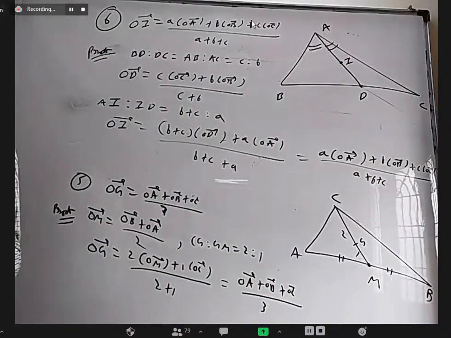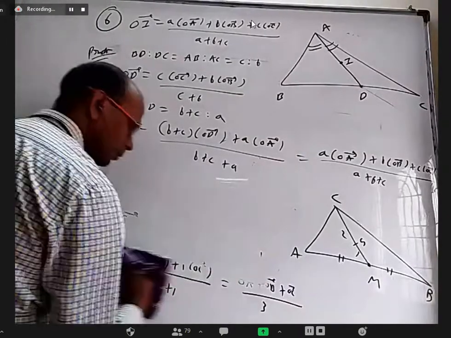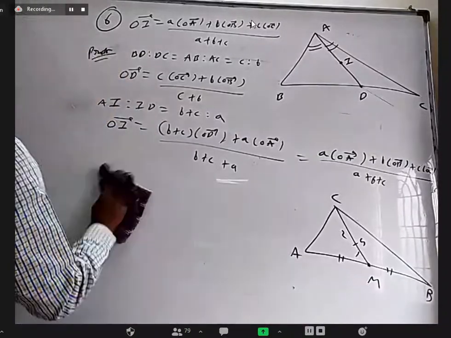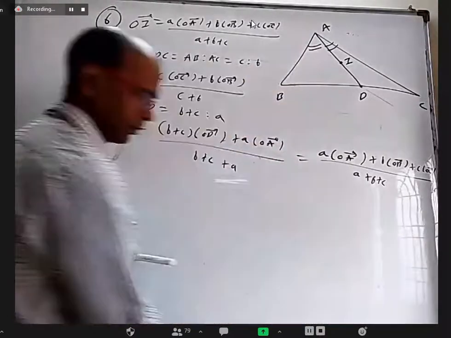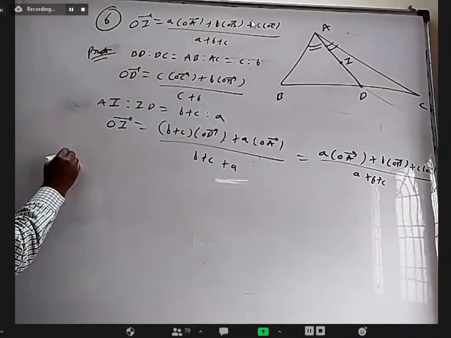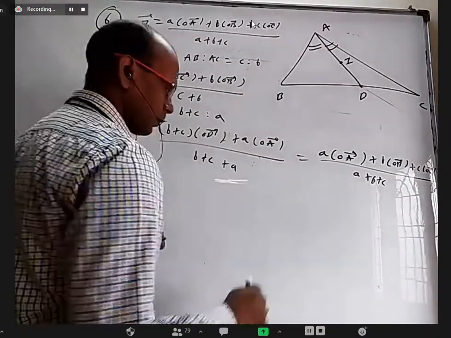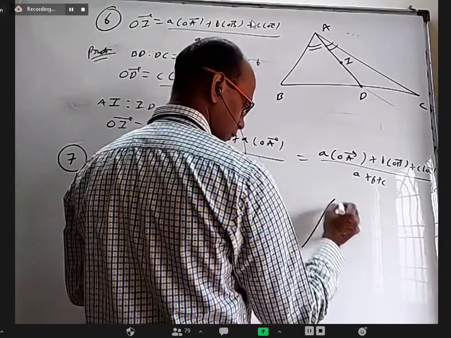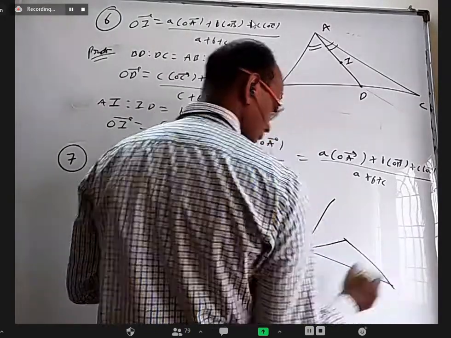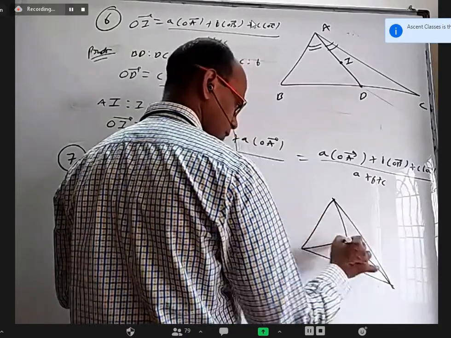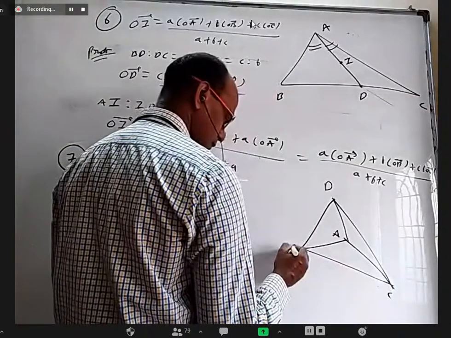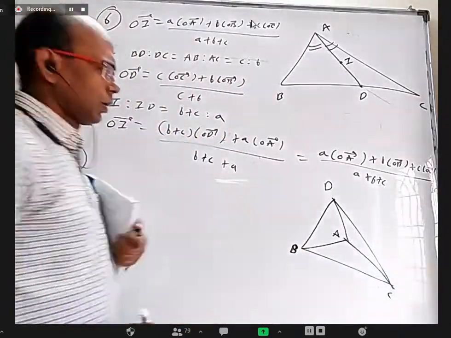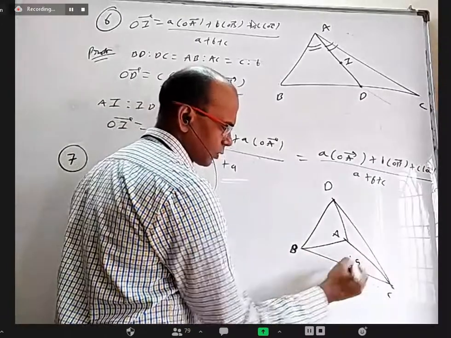Just one more of this type, which is the centroid of a tetrahedron. Let's say this is D, this is A, this is B, and this is C. There will be one centroid for triangle ABC.